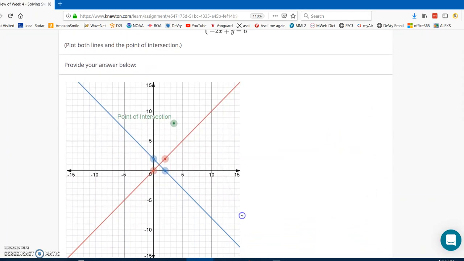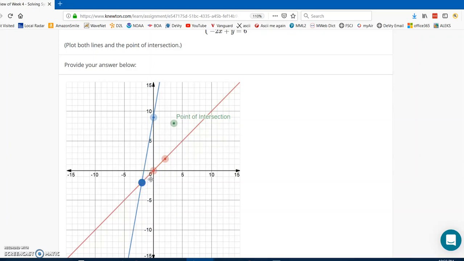The first line, it doesn't matter which color we choose for which line. For the first one I graphed, the points were 0, 9, x equals 0, y equals 9. That would be right there. And then the second point was negative 2, x negative 2, y negative 2.